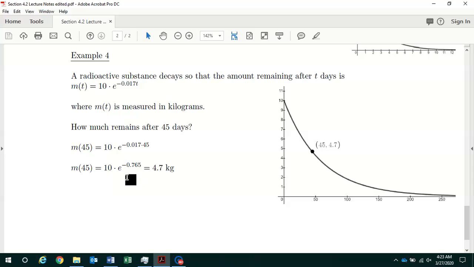Again, you've got the order of operations. Exponentiation comes before multiplication. So you have to calculate e to the minus 0.765 power and then multiply that by 10, and to one decimal place the amount of the radioactive substance after 45 days is 4.7 kilograms.